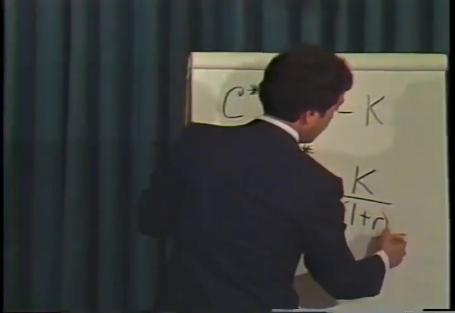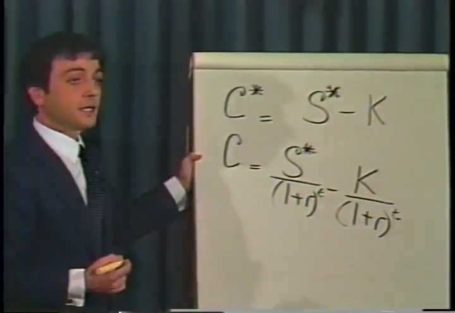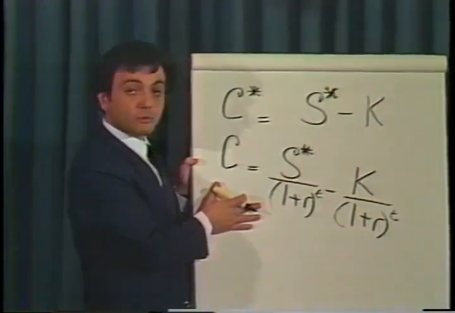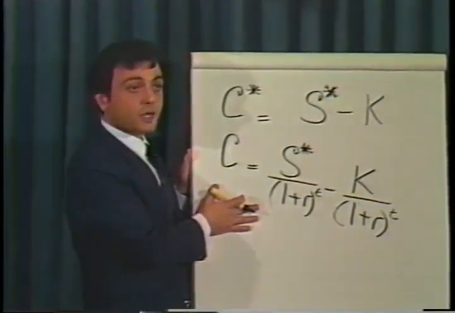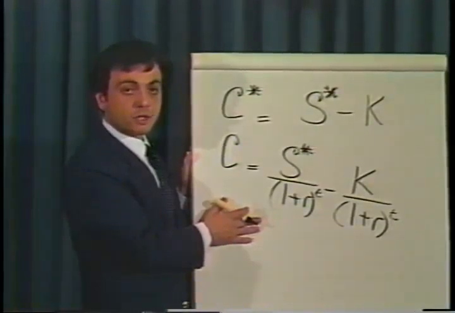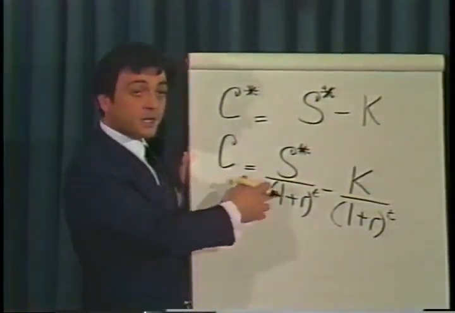And similarly, I have to say 1 plus R to the T here. Again, I would ask you to really grasp this formulation. This is the only way I can think of demystifying the Black-Scholes model. First, we look at the deterministic model. Is everybody comfortable with that?